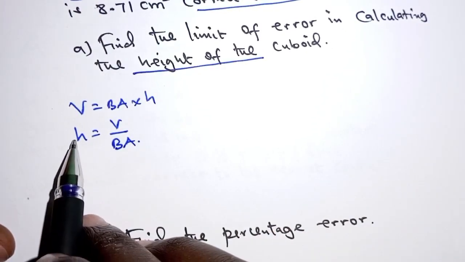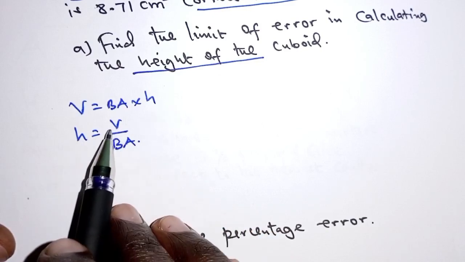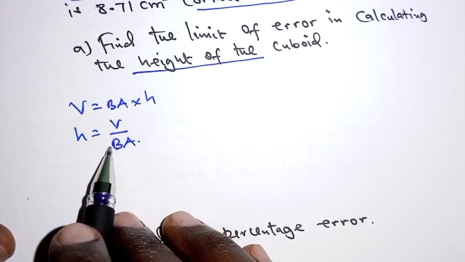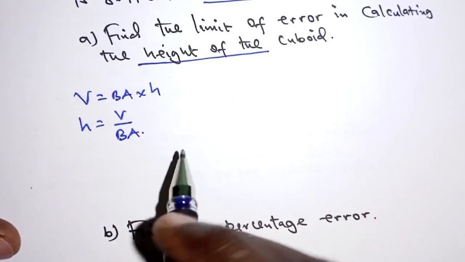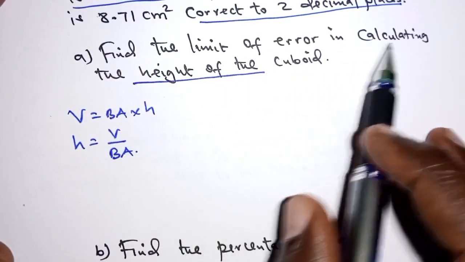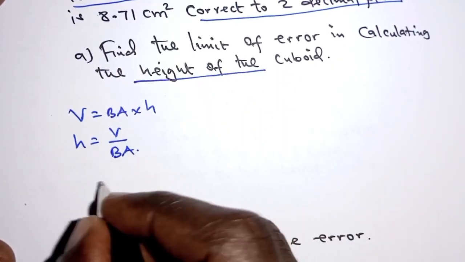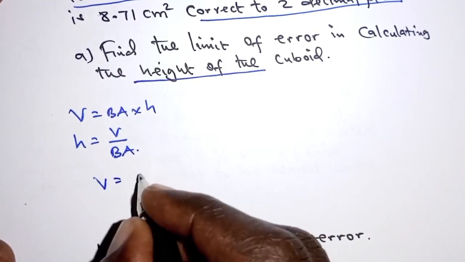So when you calculate the height h, we need to consider the errors in determining V, that is the volume, and the error in determining the base area.